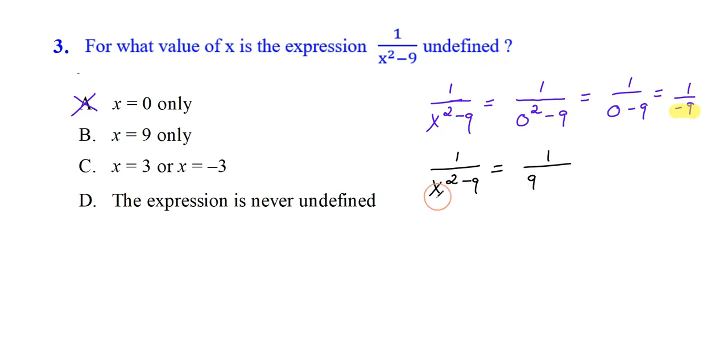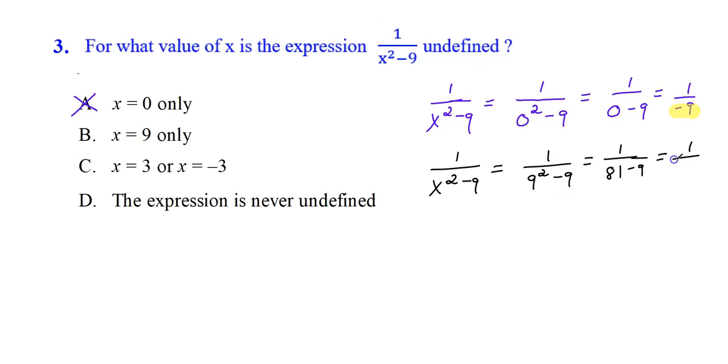Bring over your squared. And then minus 9. Well, let's see, that's 1 over, well, what's 9 squared? That means 9 multiplied by itself 2 times, or 9 times 9, which is 81. Minus 9.